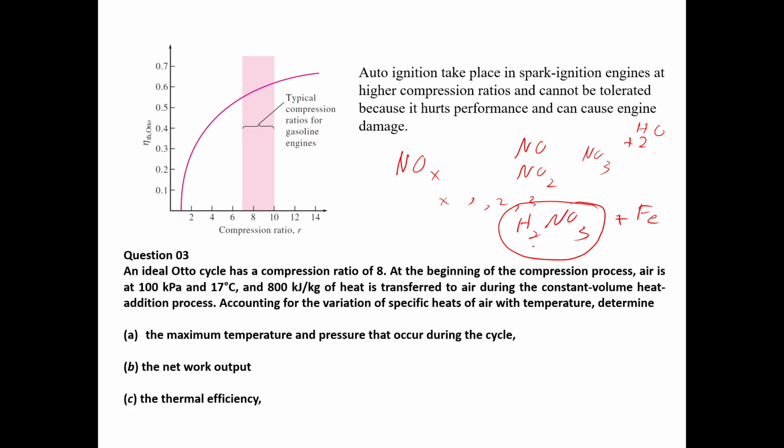Therefore, to avoid this, manufacturers limit their compression ratio to 10. But if you compare this with the diesel engine, these are the normal ratios for a petrol engine, whereas diesel engines start from somewhere around 14 and can go up to 18.